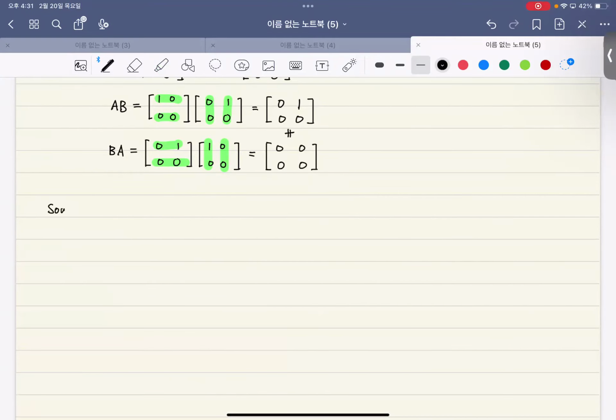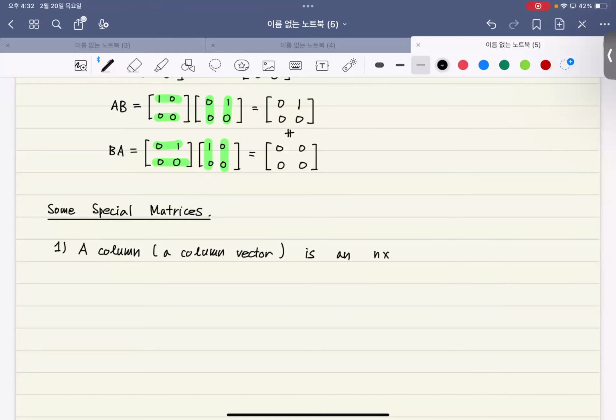Now some special matrices. The first special matrix is a column vector, or sometimes I say column. This is just an n by 1 matrix, a matrix that has exactly one column.